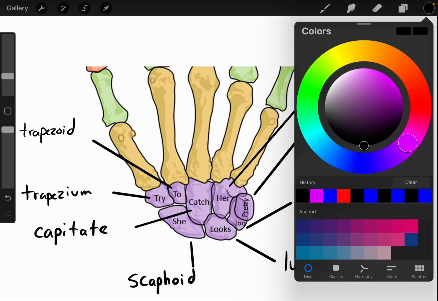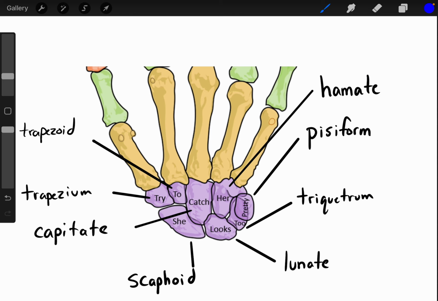Once again, if you look back at the mnemonic, each word of the mnemonic starts with a certain letter, and that letter always corresponds to the letter of the name of the bone. In class, like I said, we'll come up with our own mnemonic if this one's not one that you can remember. But it's important to do this because it helps you remember the letters and leads you to the answer.